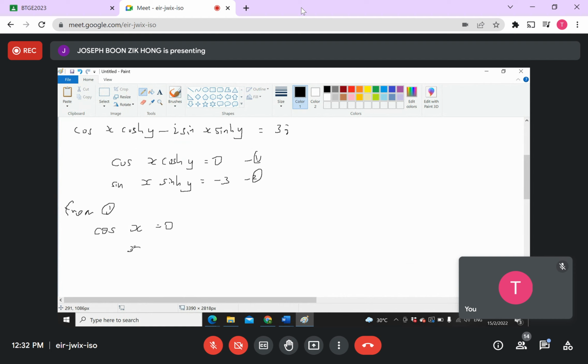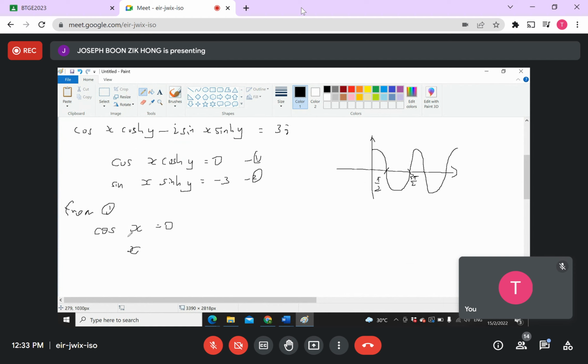Because if you see, the graph of the cos is something like this. So this one will be pi over 2, 3 pi over 2, and so on, and then 5 pi over 2, 7 pi over 2.